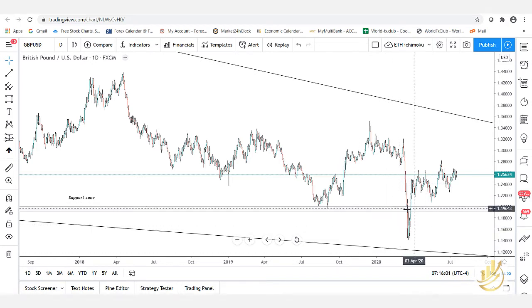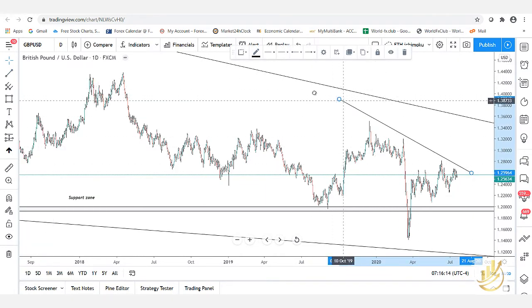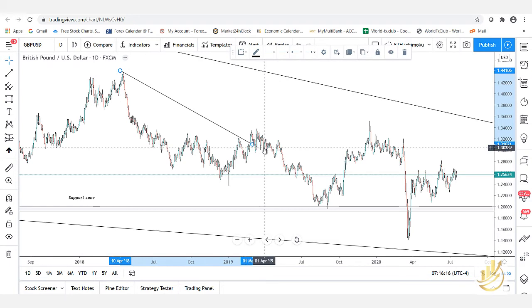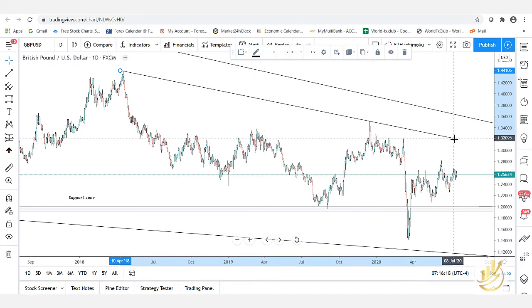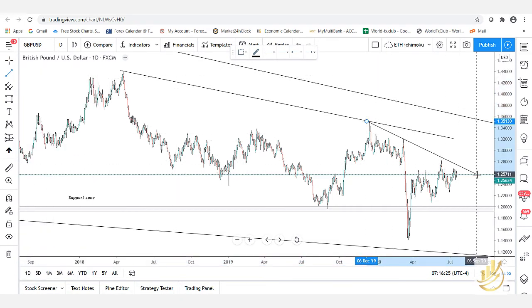Once price entered this area and started to move up, it failed to make a new swing high. So if you see, it's still part of the downtrend. Even if you connect from here, it is still part of the downtrend. And if you create one more line here, it gives you another insight that the trend is down.